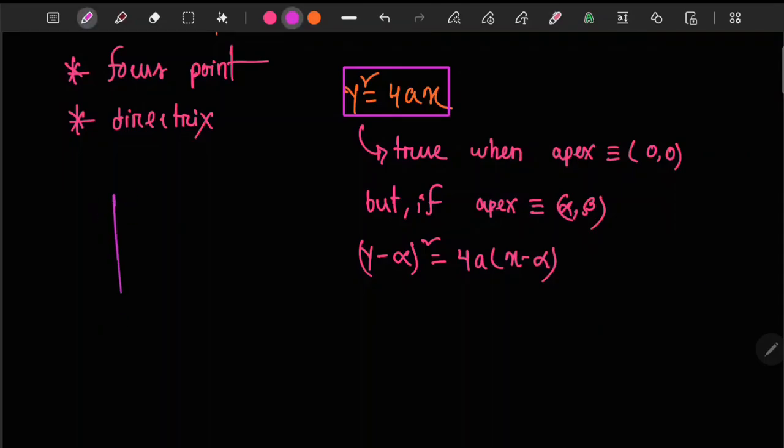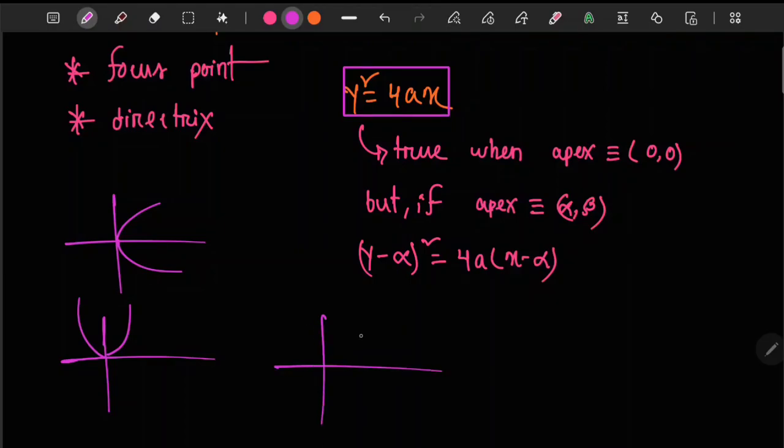There can be certain types of parabola. For example, there can be this, again there can be this as well, and also there can be this as well, this being the parabolic axis and this being the directrix. So this is a complex parabola.